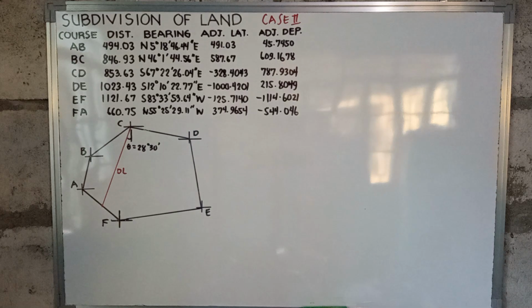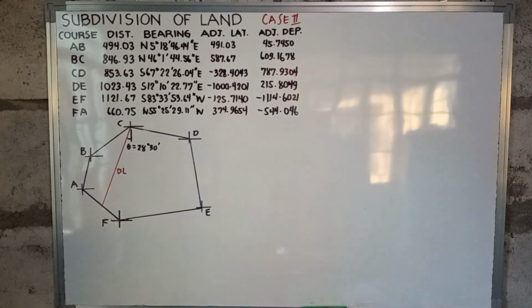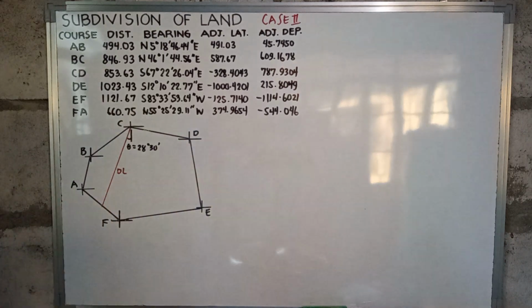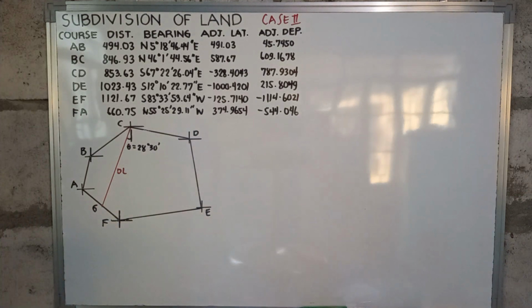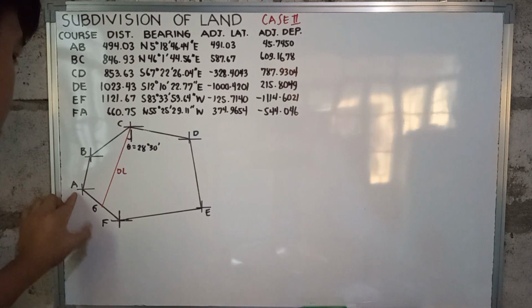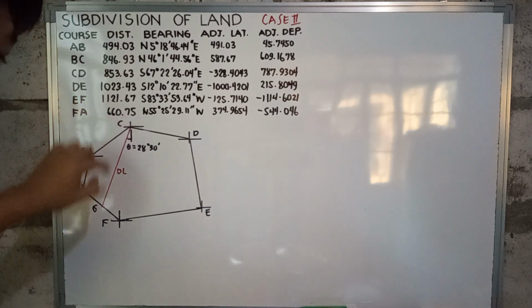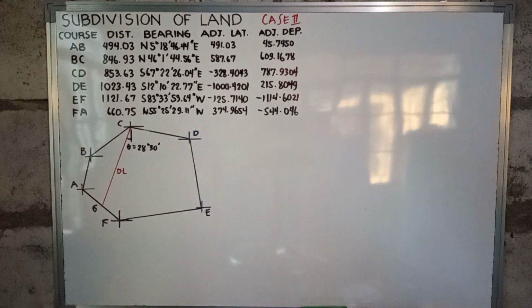So in this example, hindi natin directly makukuha yung DL natin. Kasi kung mapapansin ninyo, from C to a certain point, let's say that is G, yung G nakapagitna siya from station A at saka F. So, hindi na-close yung station from C to F. That's why hindi natin siya makukuha directly yung value ng dividing line natin.